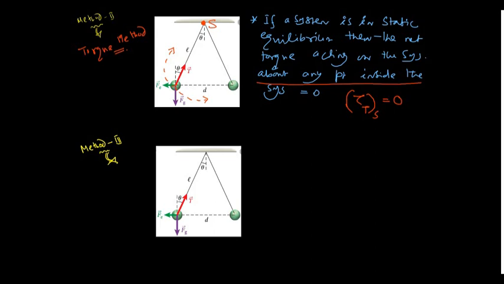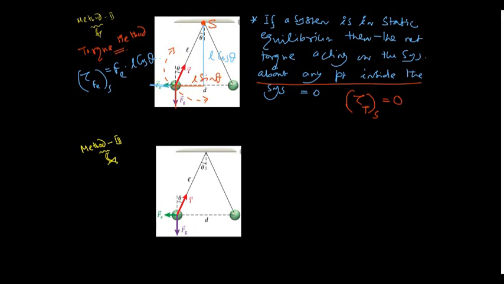Now the easiest way to measure torque for a system is, if this is the force acting along the horizontal line, we have to take the perpendicular distance here. So the torque due to Fe about point S is Fe into, if this is L, L cos theta. So Fe into L cos theta. Similarly, for the torque due to Fg, I have to take this perpendicular distance, which comes to be L sin theta.